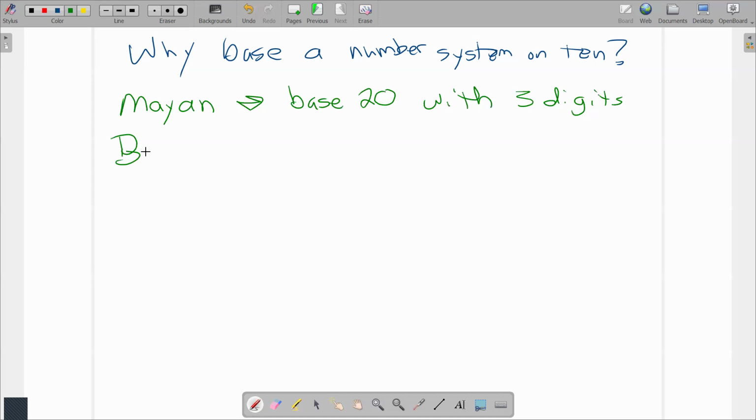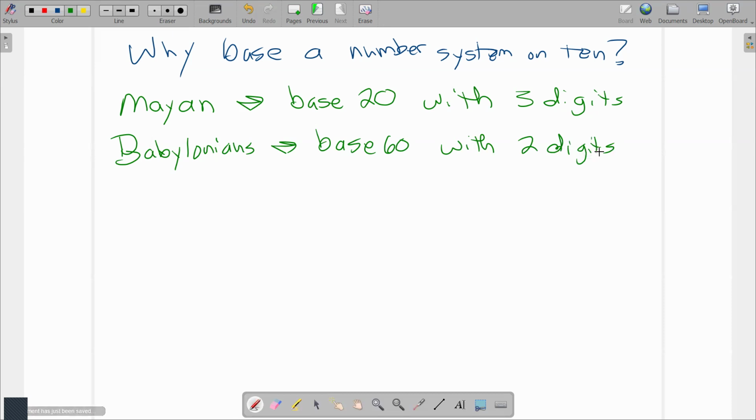Babylonians. They had a base 60 number system with 2 digits. Yeah, we'll play with those later.